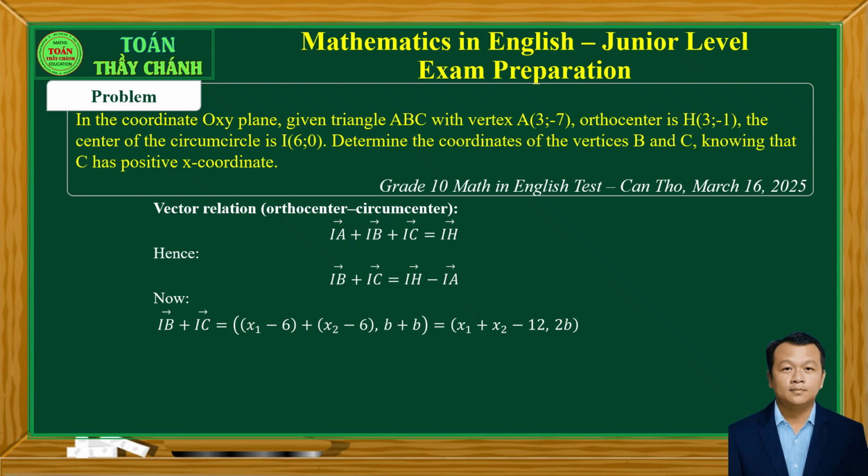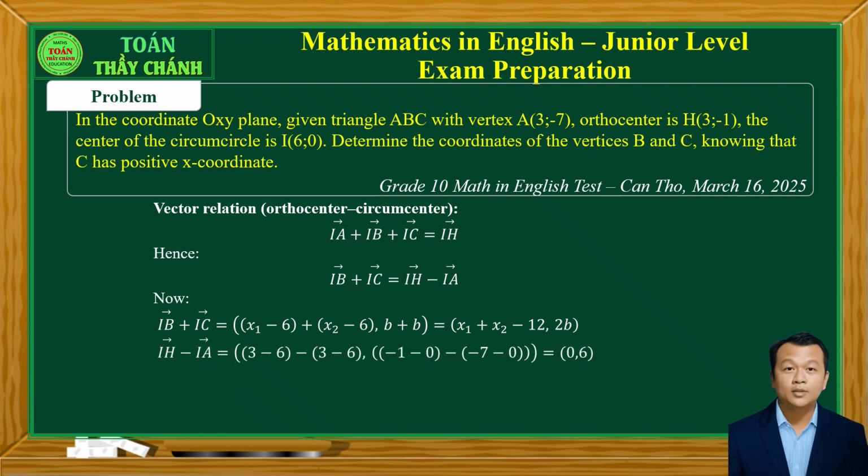Vector IB + vector IC = (x1 - 6 + x2 - 6, b + b), which simplifies to (x1 + x2 - 12, 2b).